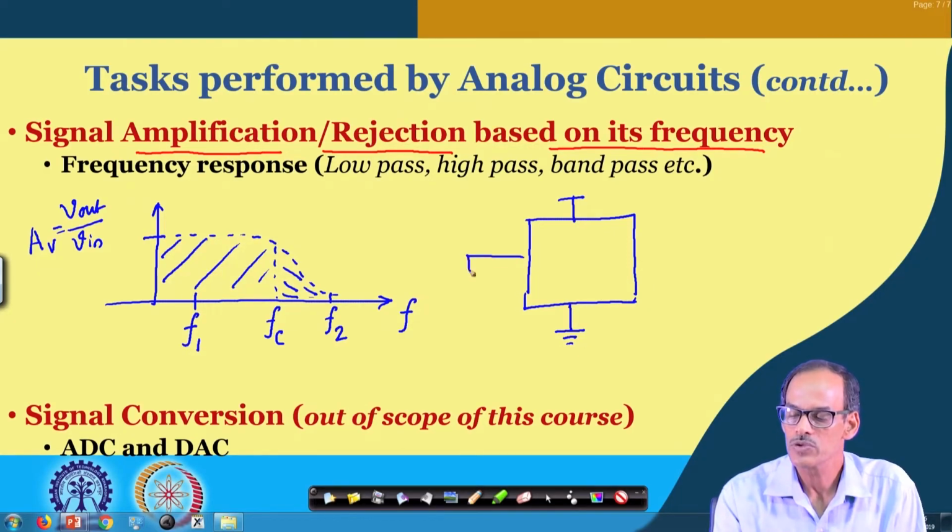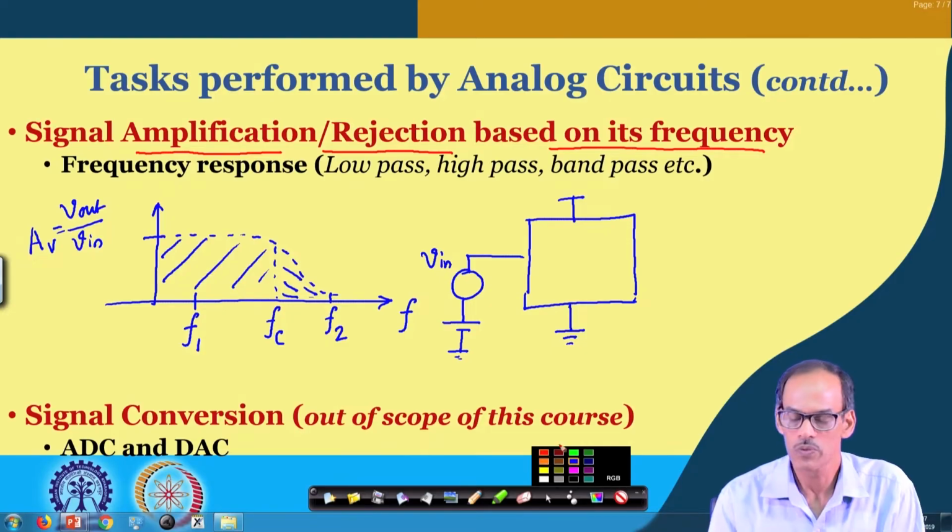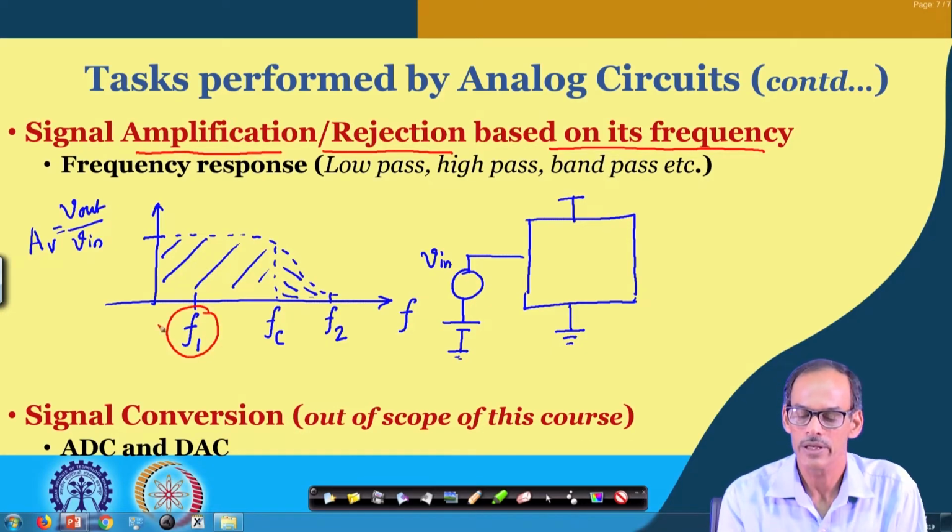But then suppose we are feeding a signal, maybe with respect to a DC voltage, and we call this Vin, having two frequency components, say F1 and F2.